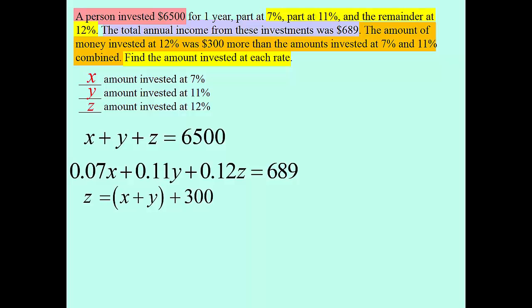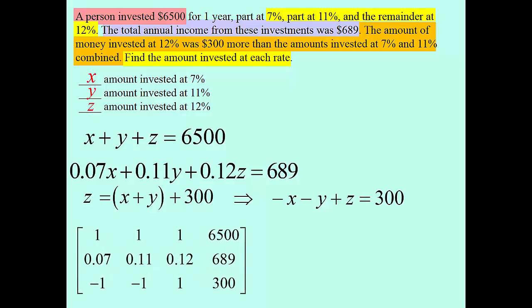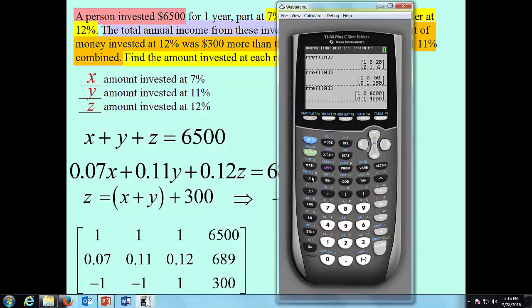Now if we want to do this on our calculator, which I think you'll want to do, that bottom equation has to be put in standard form. Subtracting the x and the y from both sides, and writing the augmented matrix. So let's solve that on our calculator. We go to the matrix editor, choose matrix A, and this time it has to be a 3 by 4, and then type in the numbers.